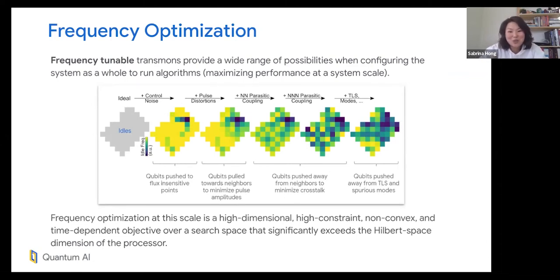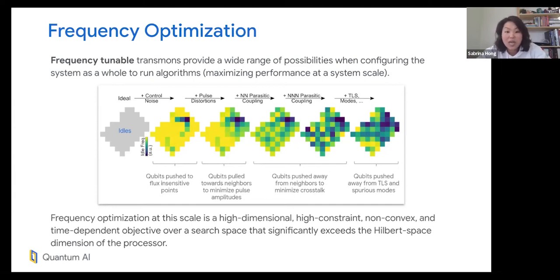Frequency tunable transmons are great because they provide a really wide range of possibilities when you configure the system as a whole. So there's one problem, which is being able to calibrate single and two-qubit gates. It's another problem being able to execute all of those gates at the system scale when you have problems like crosstalk, or uncontrolled couplings between next nearest neighbors, for example, or if you introduce this two-level system component that might be changing as a function of time.